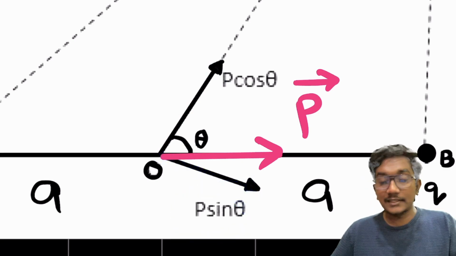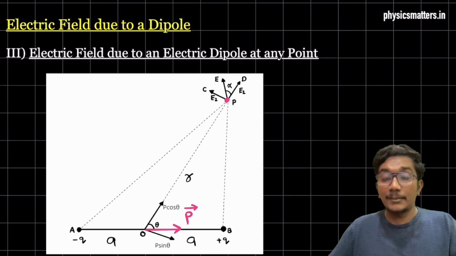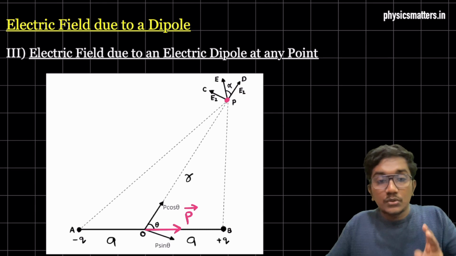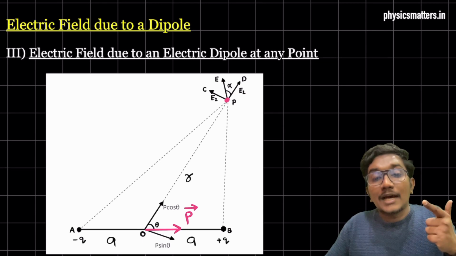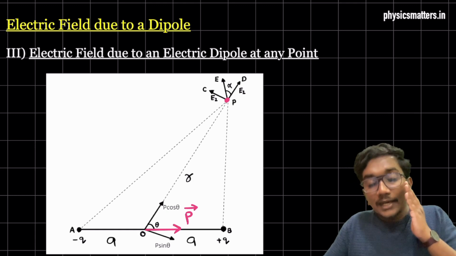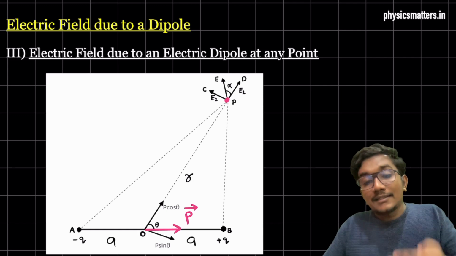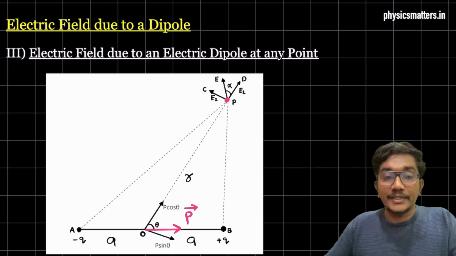So it is very clear that the net dipole moment P can be resolved into two: one is P cos theta and the other one is P sin theta. P cos theta is along the line joining the center of the dipole O and P, and the second one, P sin theta, is perpendicular to it.